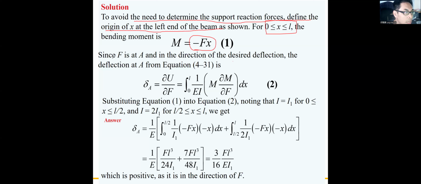Okay, so since F is applied at point A and in the direction of the desired deflection, we can get the deflection at point A, right? In this case, it's pure bending.